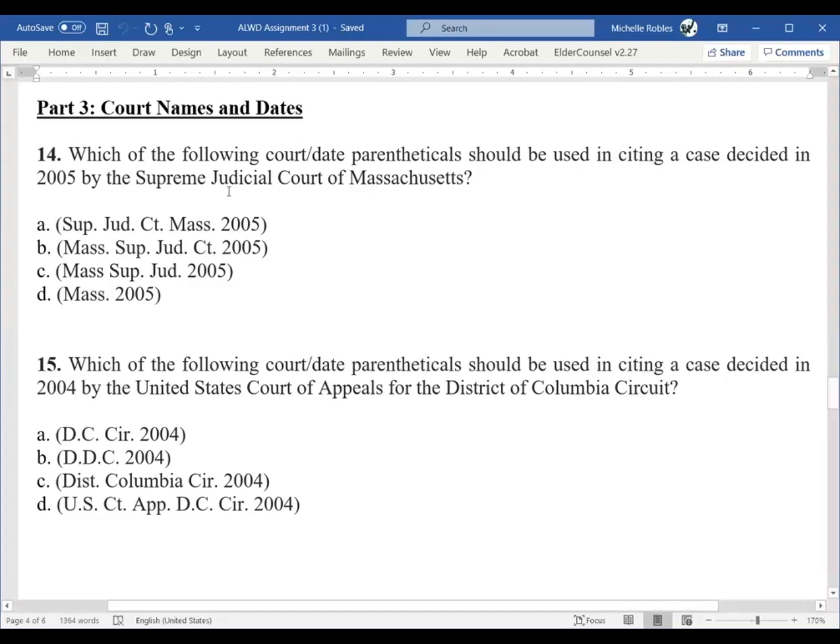You have to pay attention to what court system you're in. Number 14 says Supreme Judicial Court of Massachusetts, so we know we are in a state court. Let's pull up the Massachusetts section of the state court.